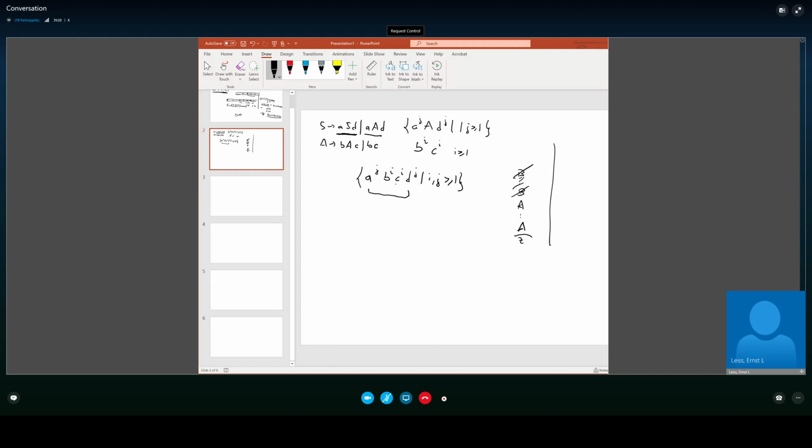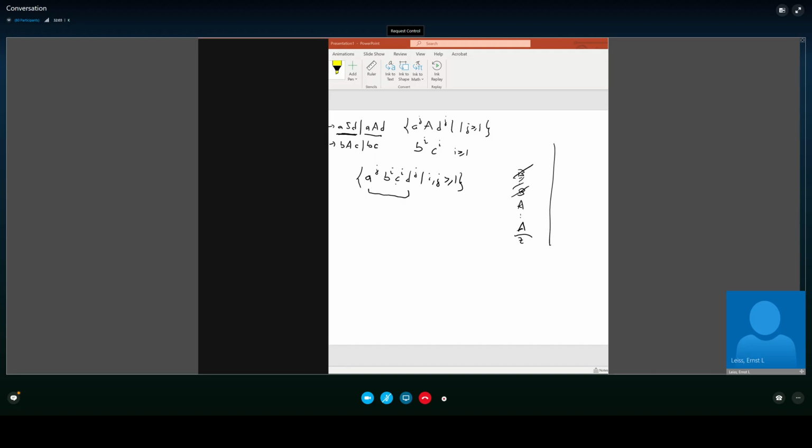On the other hand, if you take question 2b and convert it into a Greibach normal form grammar, which is quite simple, and then apply the construction that we talked about in class, the one that gives you a push-down automaton with a single state, then that gives you only a push-down automaton that accepts by empty stack. It will not accept by final state, and so in order to accept by final state, you would have to convert that to a push-down automaton that does accept by final state.